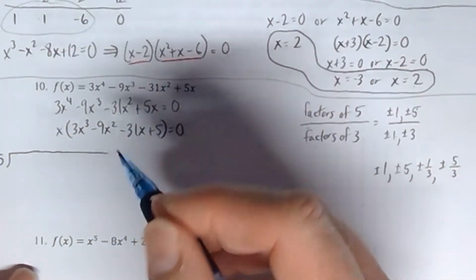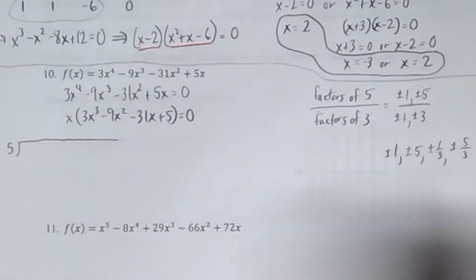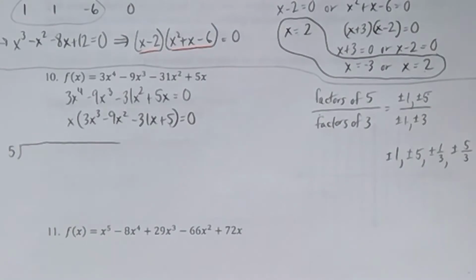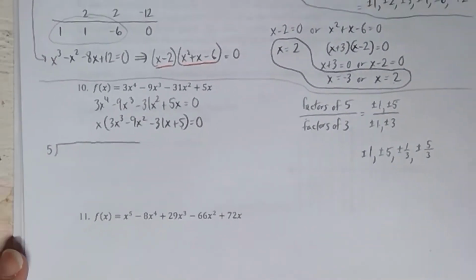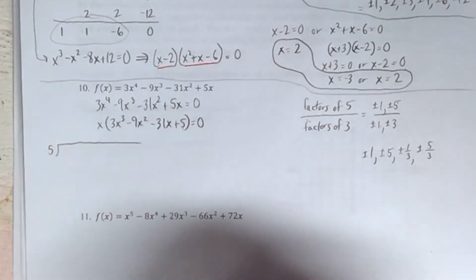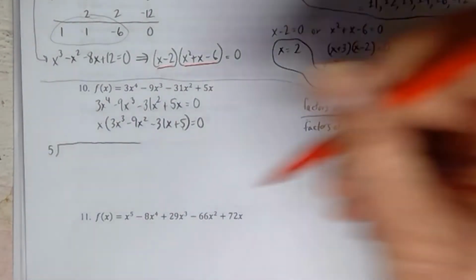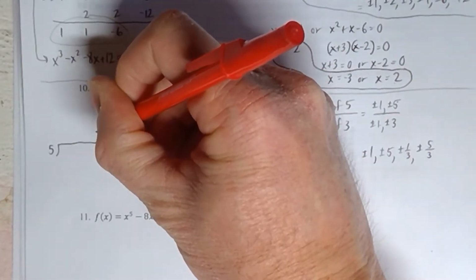Let's see how. Again, since I've already factored out the GCF, you are just building off of, like usual, once you've already factored something out. And please remember, the x is the same thing as x minus 0. So that is a linear factor. And linear factors, we don't touch those, all right?